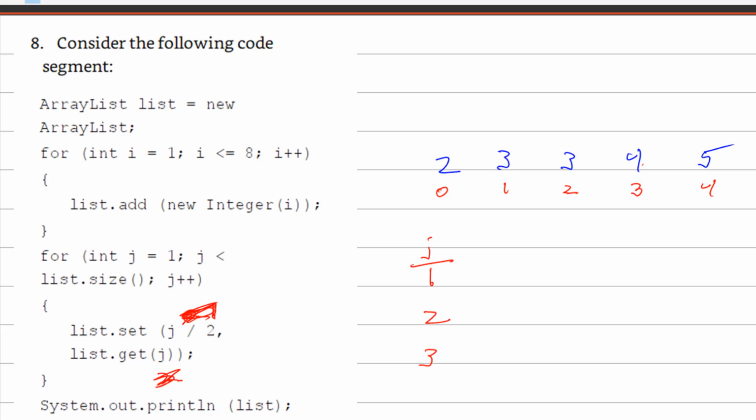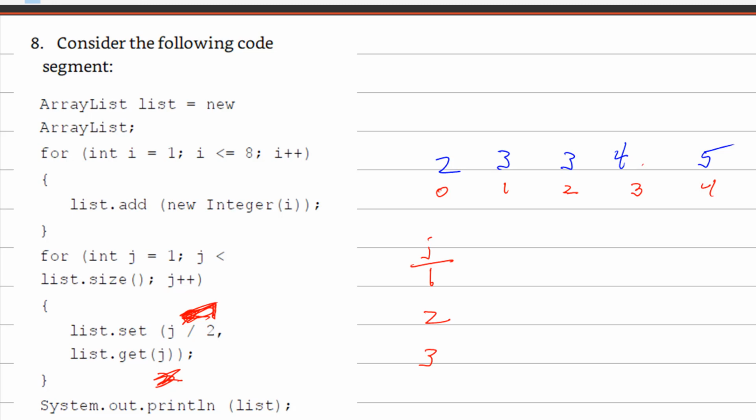Remember, it's int division once again. So I'm going to take the 4 that's in the 3 position and put it in the 1 position. Once again, the 4 actually stays there, doesn't get removed.